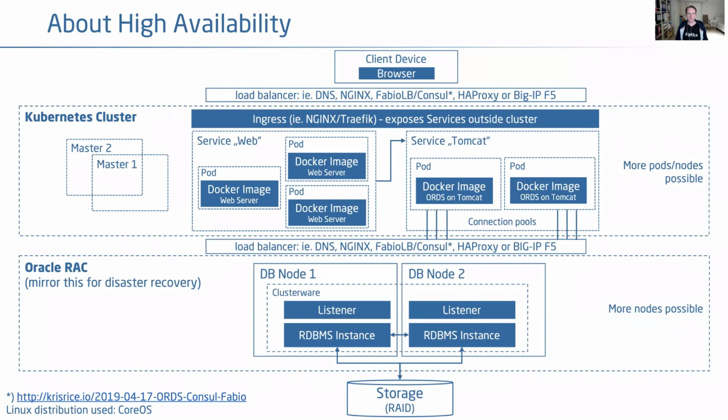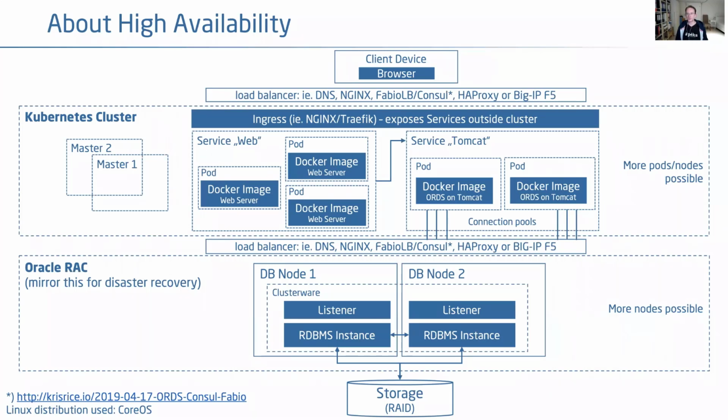And Kubernetes is a cost-free, open source solution you can use. It has some masters running in the background that make sure that the services you deploy are actually available and started again if they're not. And within the service, you have one or more pods, as you call them, with the services running inside of them. In this case, we have the service Tomcat, which you, of course, need.